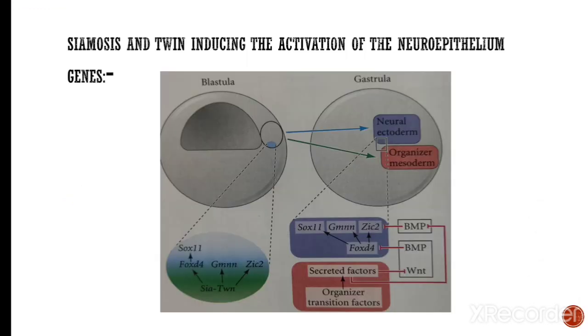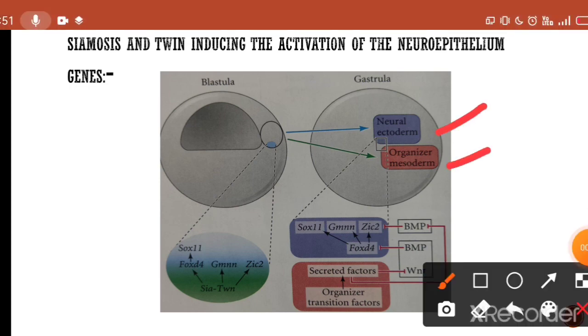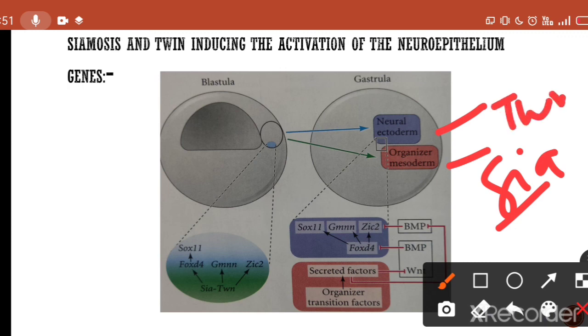This picture represents siamois and twin, which induce the activation of the neuroepithelial genes. During the blastula stage, cells are expected to give rise to both organizer mesoderm and the neural ectoderm. These are the two organizers that express both siamois, known as SIA, and twin, known as TWN.